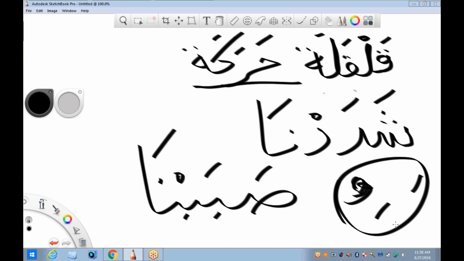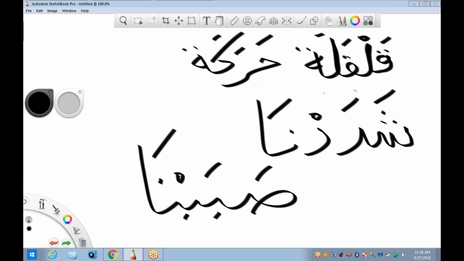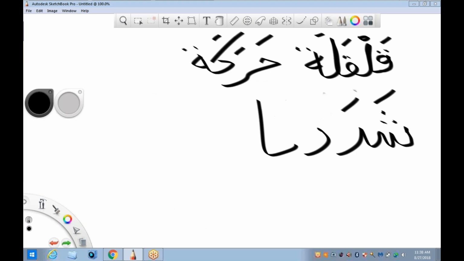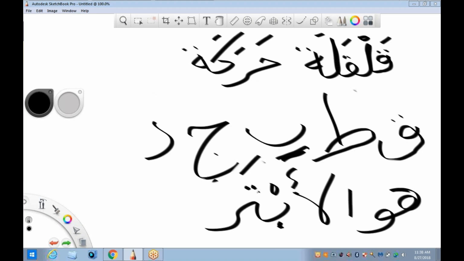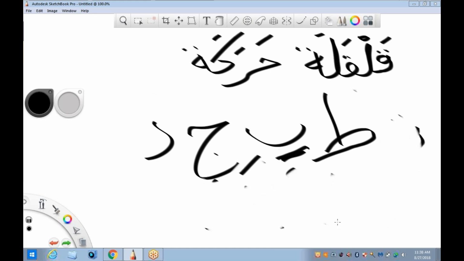Qalqala means to move it. Don't keep it together, like when you say yaf'alun, you keep it together and don't move it. But this one, we're going to move it, but less than an actual haraka, meaning less than an actual fatha, kasra or dhamma. So that, barakallahu fikum, is what is regarding the ba.